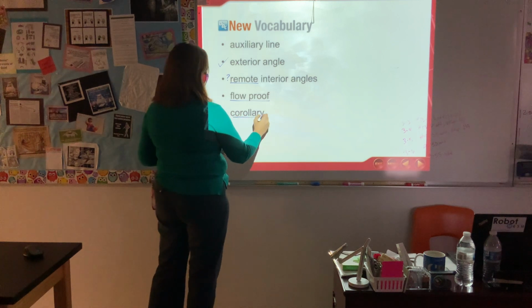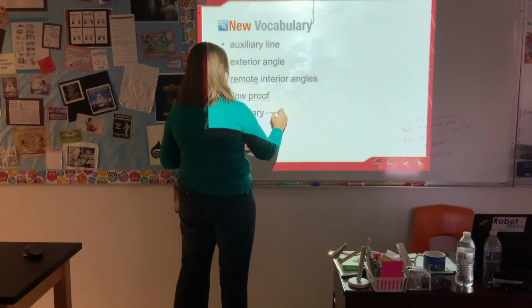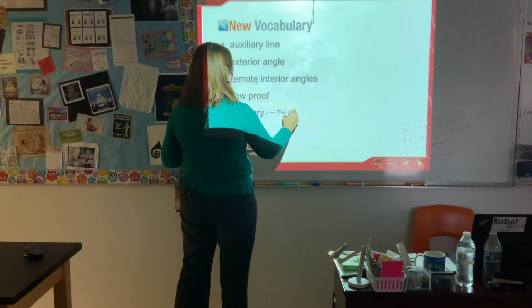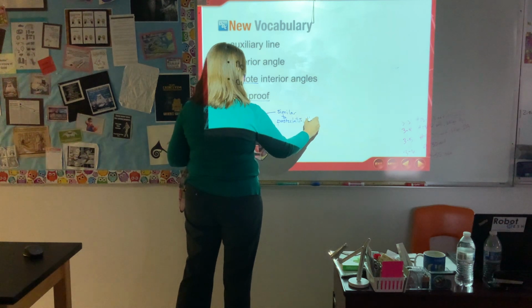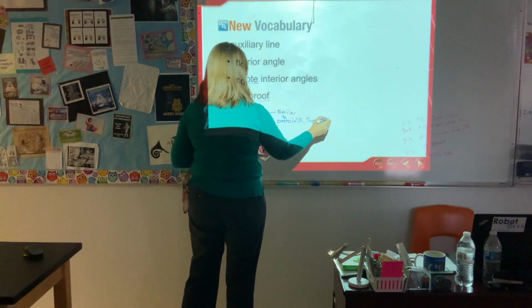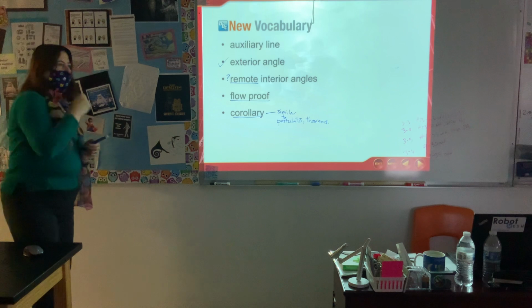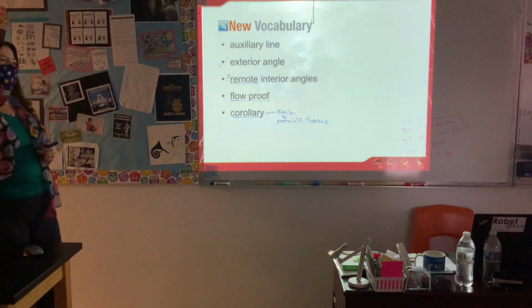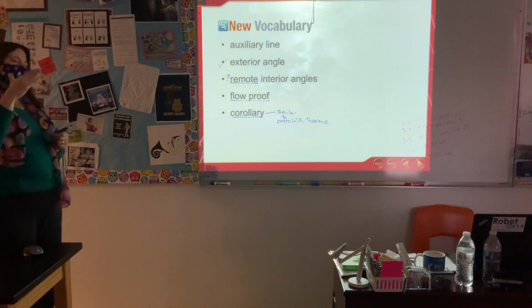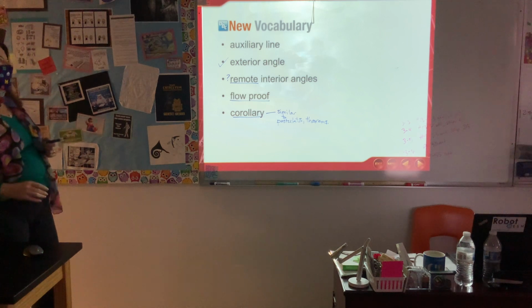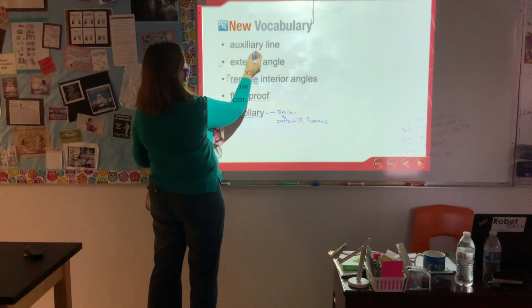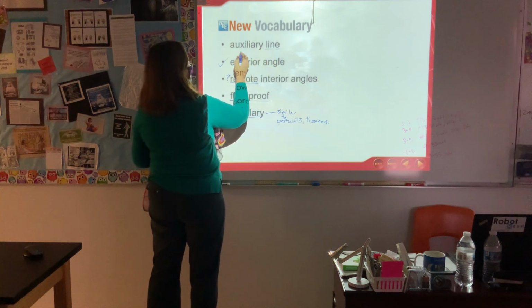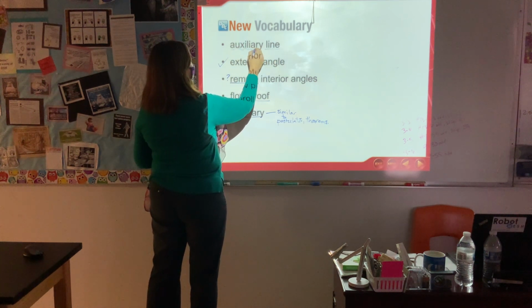A corollary is similar to our postulates and theorems. Why do they call them a different name? There's reasons. Corollaries are kind of like sub-reasons, okay? And we're not really sure what an auxiliary line is, other than we expect some kind of line that may be doing some sort of helping.